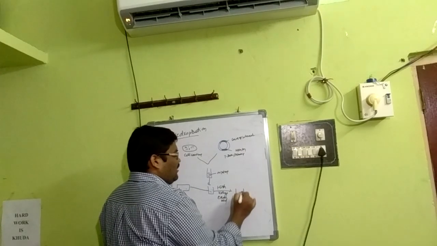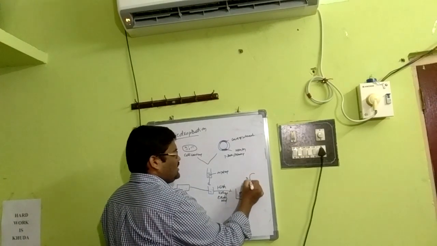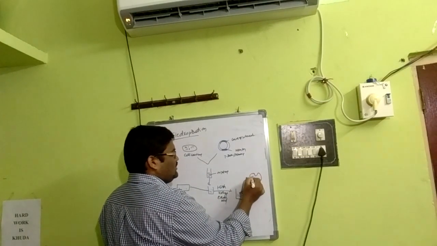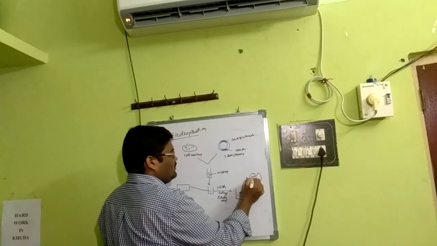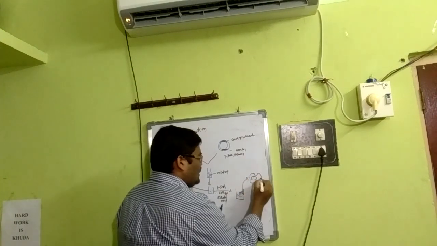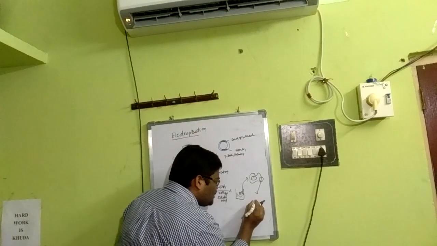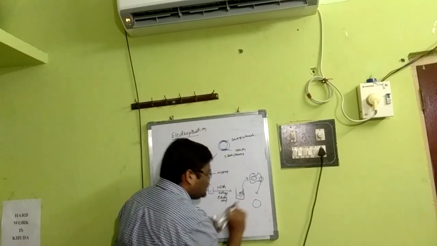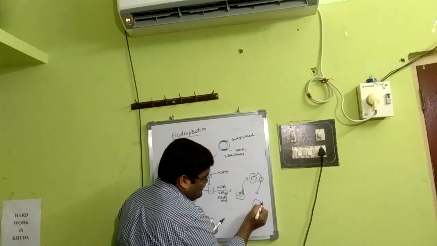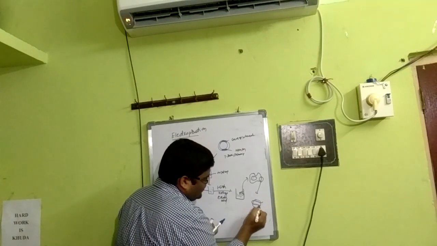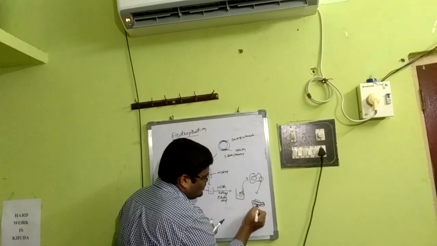So we will magnify. For example, this is a cell and this is the nucleus. Say I want to magnify here. Through the formation of temporary pores, this recombinant plasmid has got inside.